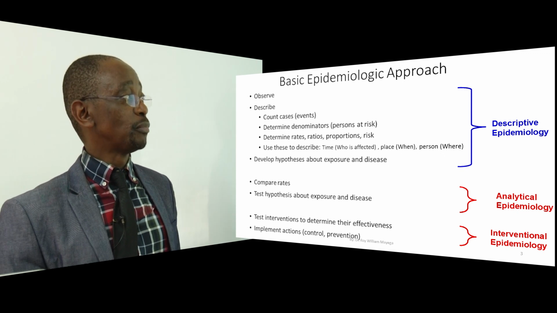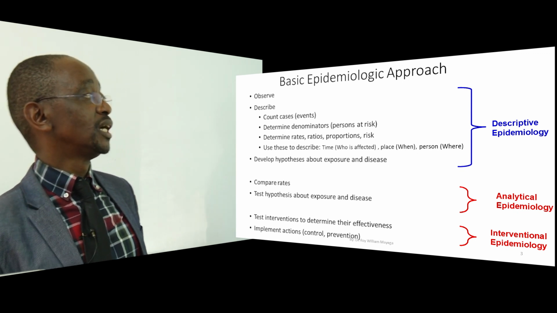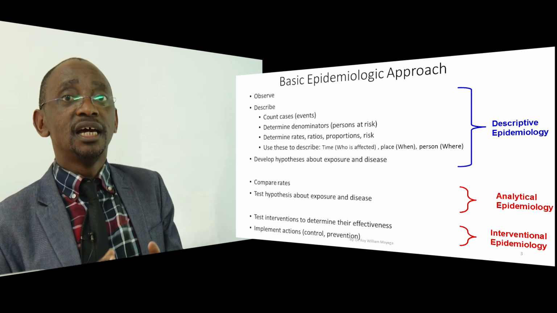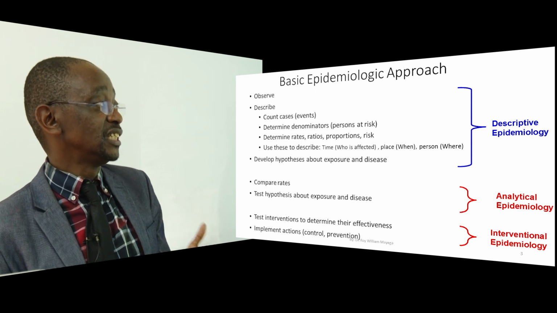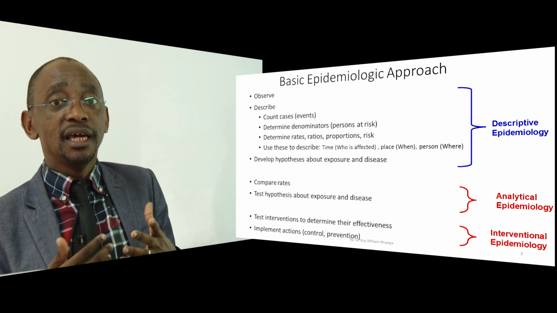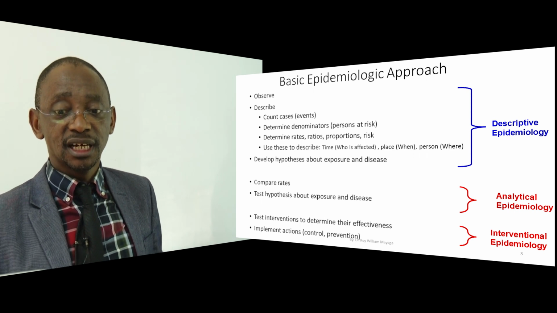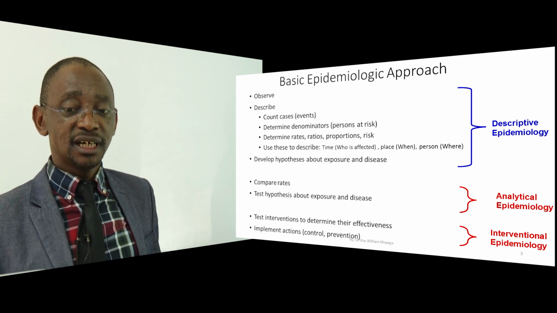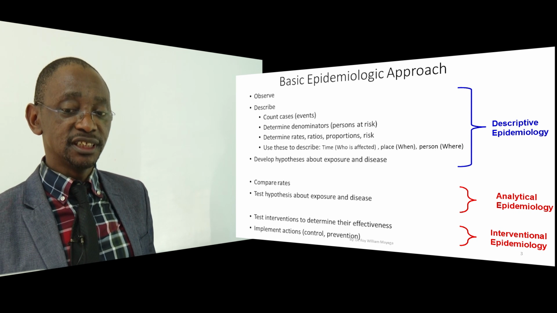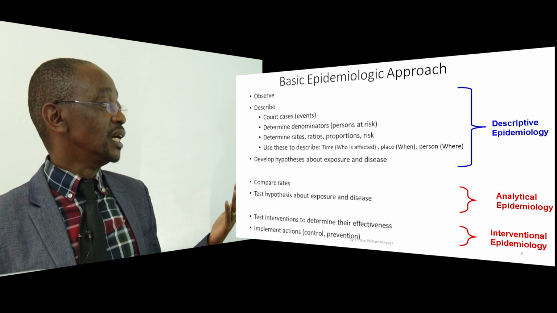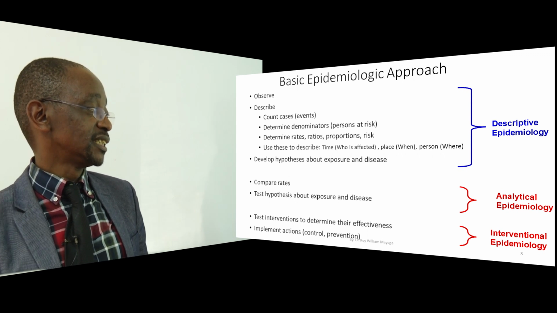And then they develop hypotheses, as we said, about the relationship between exposure factors and a particular health-related event, which could be disease or it could be a positive outcome. They compare rates, and they test those hypotheses regarding the relationship between different exposures and disease.